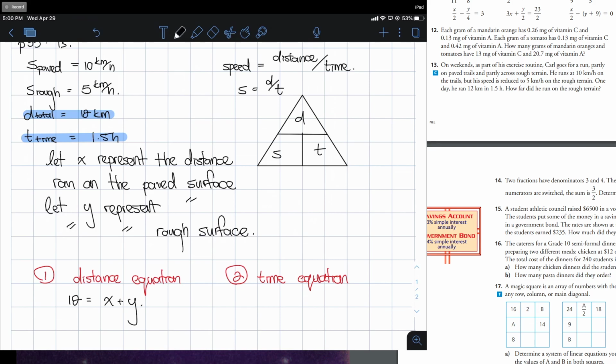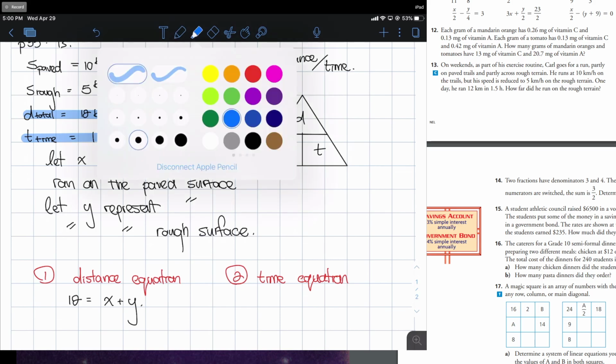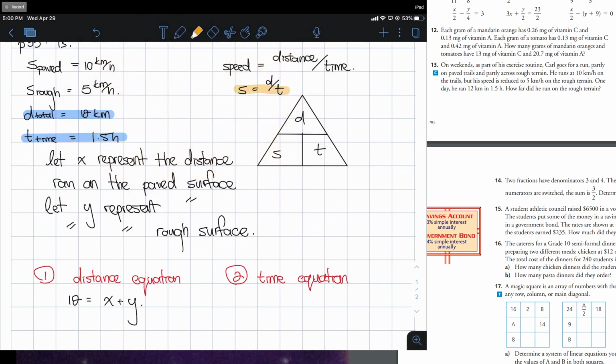Now the time equation, we actually have to go back to the science formula that we would have learned in grade 9. So the physics formula, speed is equal to distance over time. And we want to rearrange that formula in order to get time. So if I bring this formula down here, S is equal to D over T, I want to rearrange this in order to get time by itself on one side of the equation.